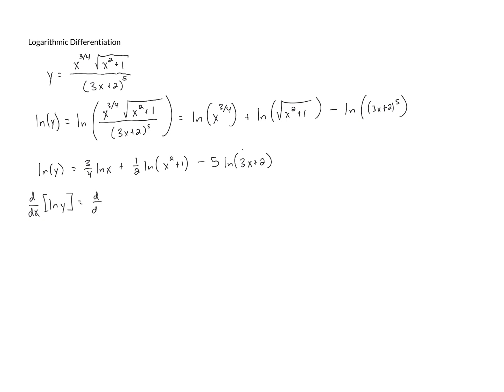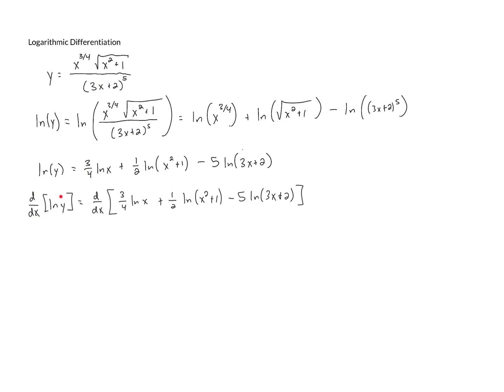I'm just going to rewrite all of this with d over dx out front. You can pause the video if you need a moment to write that down. So let's differentiate both sides.